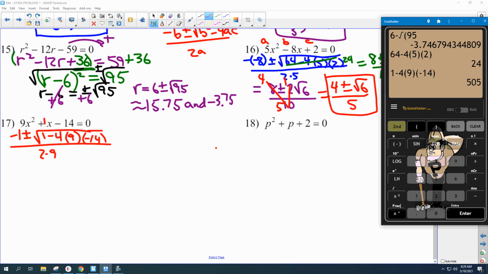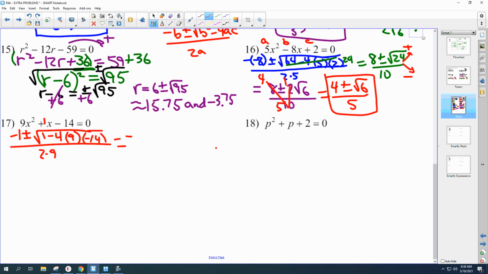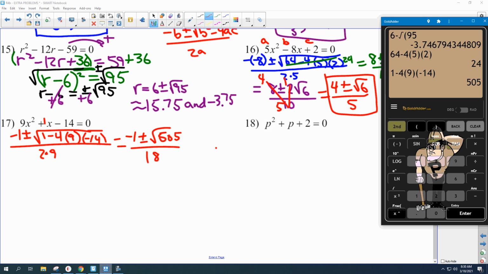Okay? So that's a weird one. We've got negative 1 plus or minus square root of 505 all over, that's times a. So at this point, I don't care to rationalize or reduce down the 505. I would just get the calculator out here.